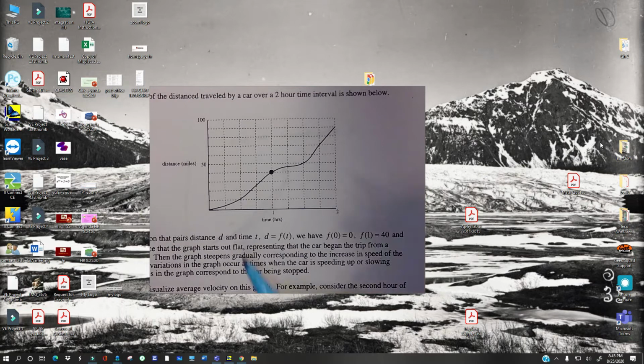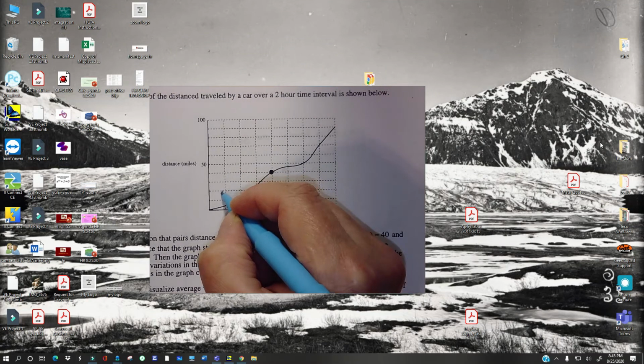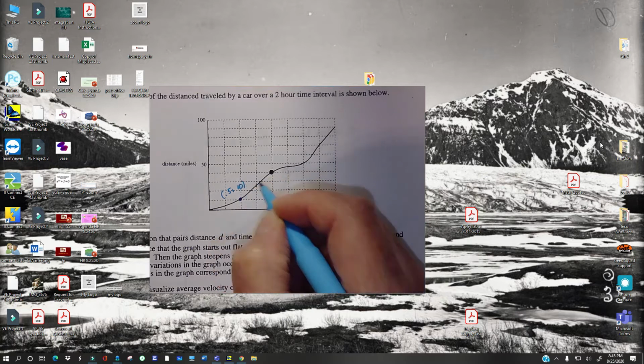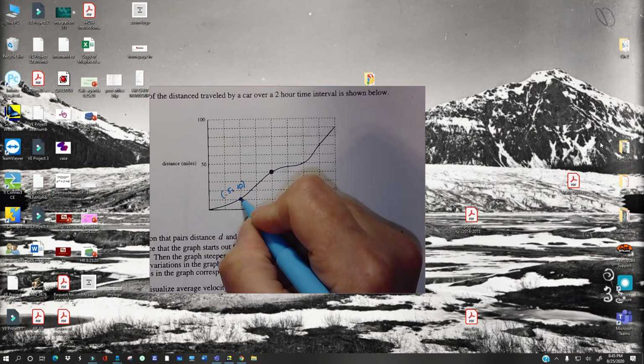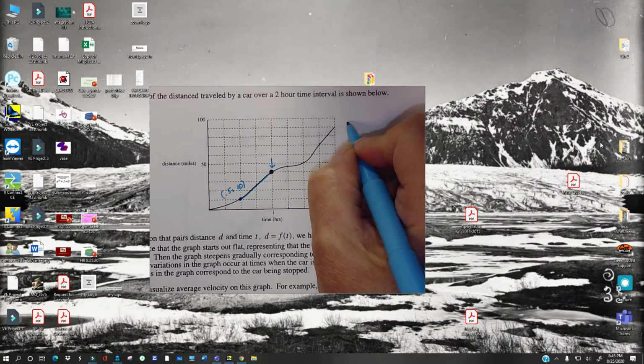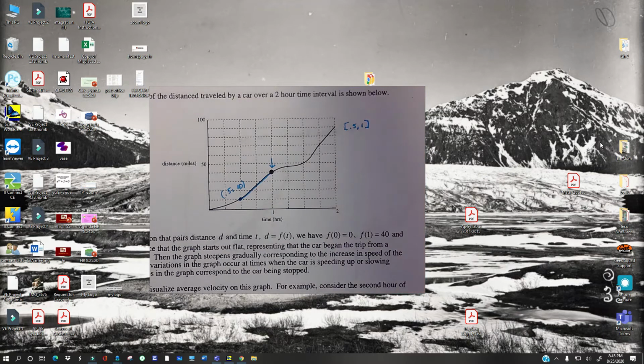So I might choose this point here because I know that coordinate is 0.5, 10. And I might find the slope of this secant line. So you see the point in question, this one here with the arrow, and the interval I'm using here is from 0.5 to 1. That's a small interval.